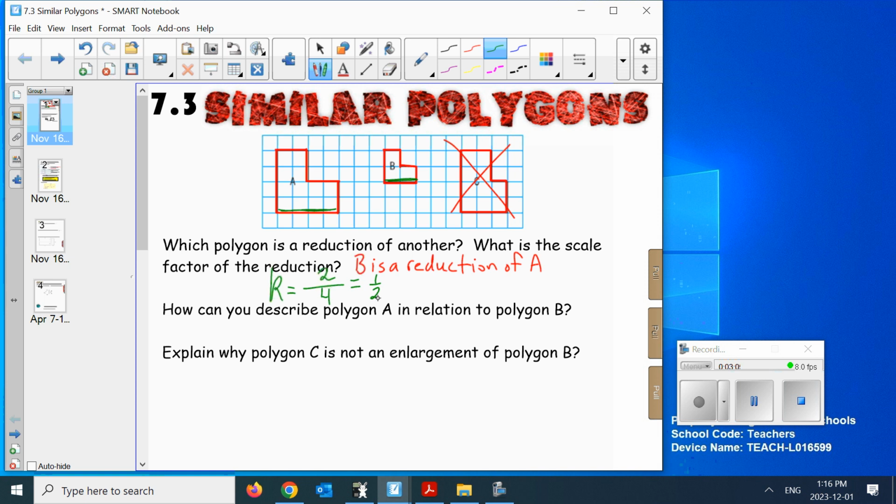What if you looked at it the other way around? You describe polygon A in relation to B. That's basically thinking of B as the original. If you think of B as the starting shape, A is an enlargement.